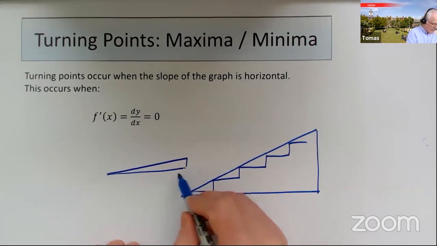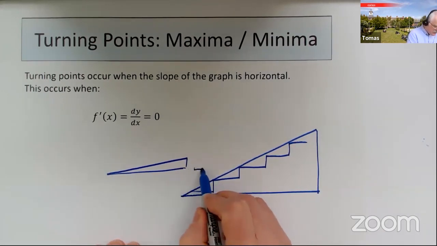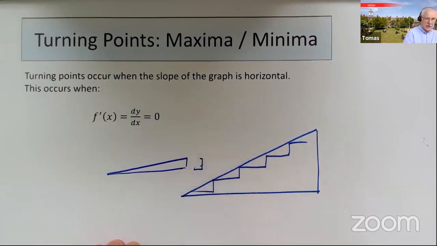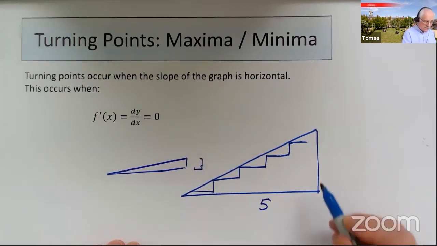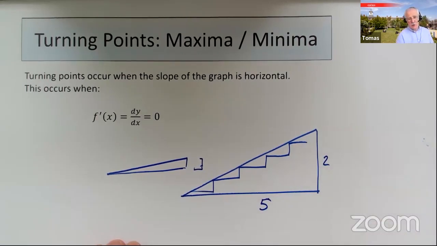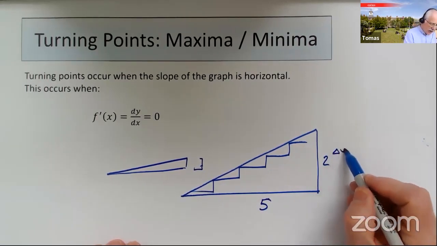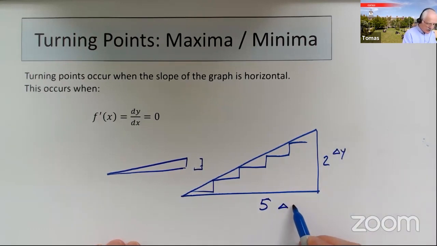Basically what they're saying is that as you go out a certain amount of step x, you go up a certain amount in y. So maybe for every 5 meters in x, you might go up 2 in y. So that's your delta y, your change in y, and that's your delta x. dy over dx is your slope. It's this over this.